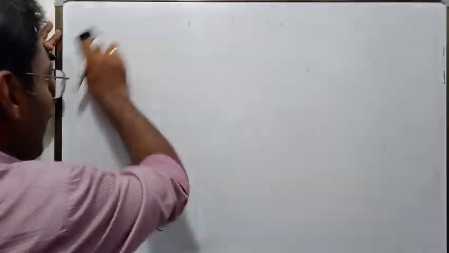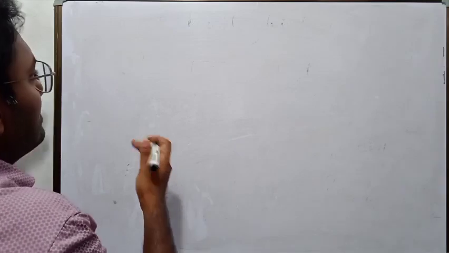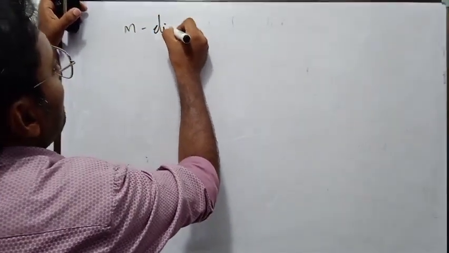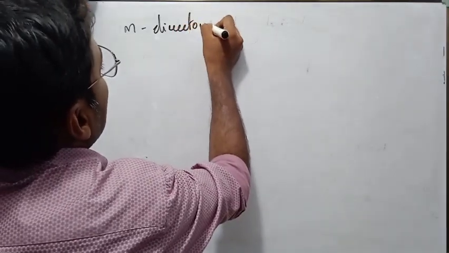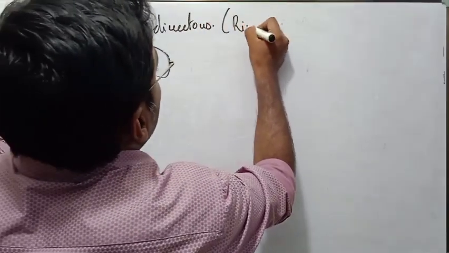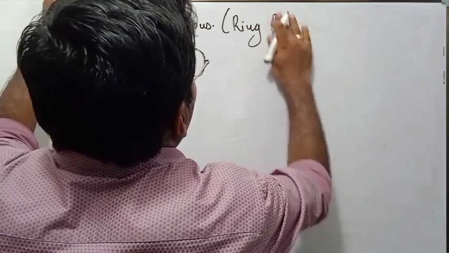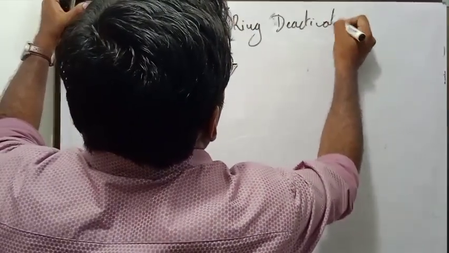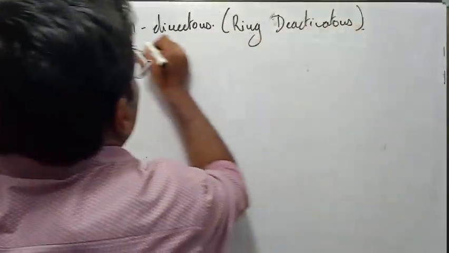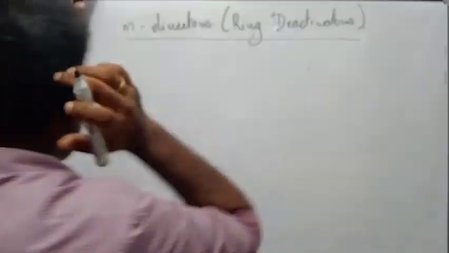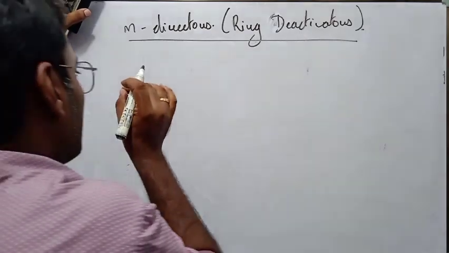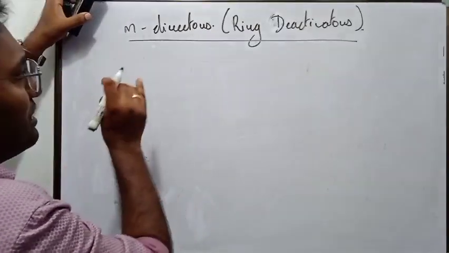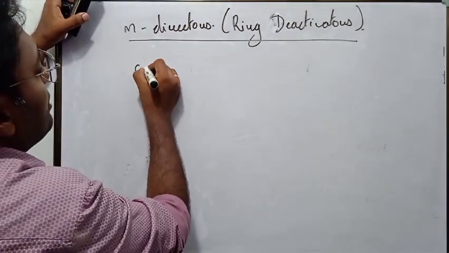Now, the second point is, all meta directors are ring deactivators. Let us look at this point. All meta directors are ring deactivators. Why? What is the requirement of a primary substituent to be a meta director? What did I mention? Either it should have a positive charge.